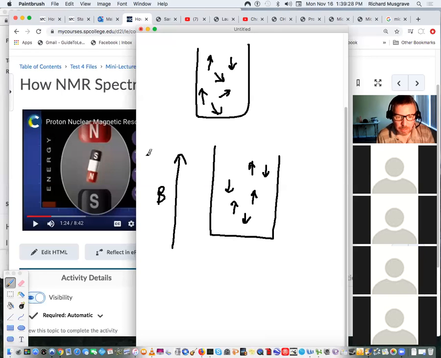And then what we can do is irradiate this with radio frequencies. These are radio waves here. And what the radio waves will do is flip the arrows from up to down and down to up. The frequency of these radio waves will correspond to the energy required to make that flip.